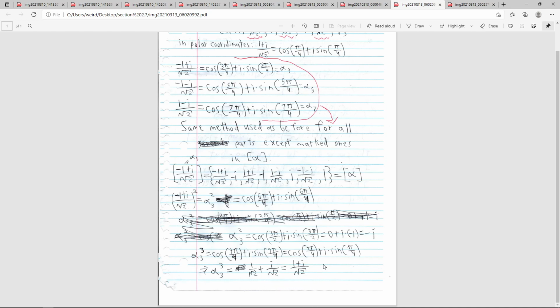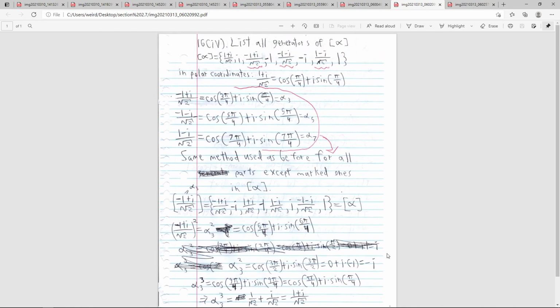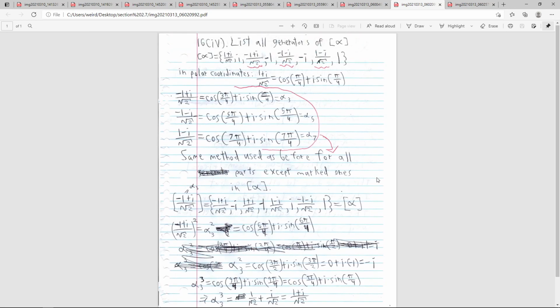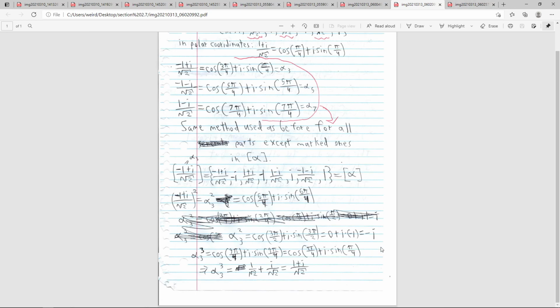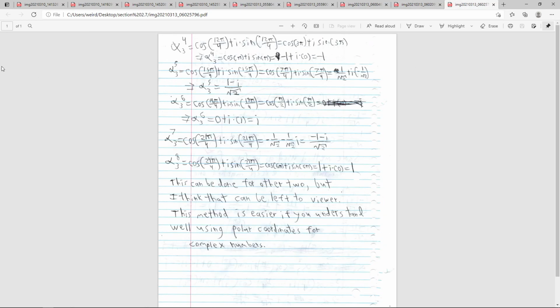But yeah, it works out as you can read on it. And you can try more on your own of this. You'll get the same results as before. I just did this one, and you can see it still takes a while. It's going to have other two, but I think that can be left to the viewer.